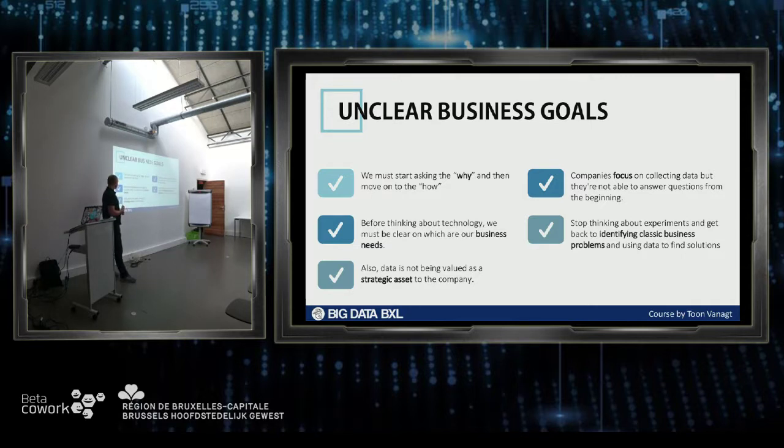So that's one reason: the business needs. Are you going to find cost savings? Are you going to find useful insights to make more money, new customers, stuff like that? And the data that is being valued has to be a strategic asset to your company, but often it's not treated that way. It's discarded.